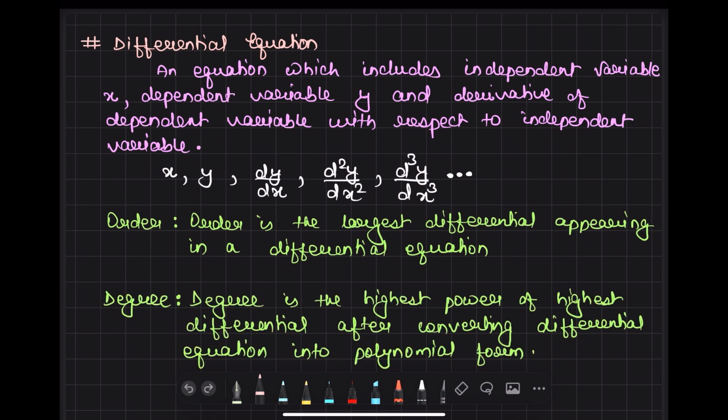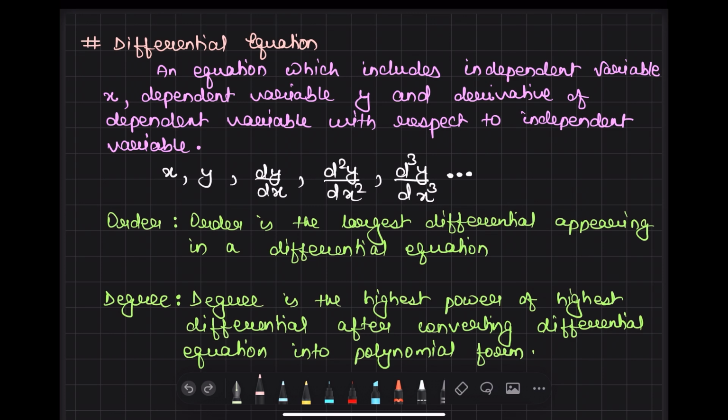Now we have the second component, degree. The degree is the highest power of the highest differential. First you find out the highest differential, and then among those, the highest power will decide the degree.